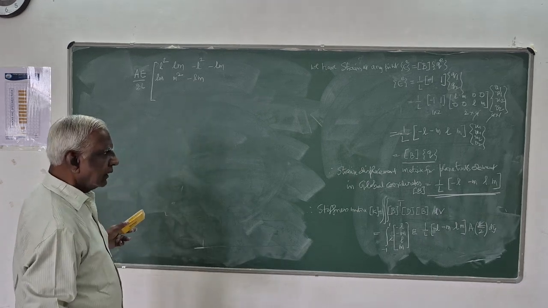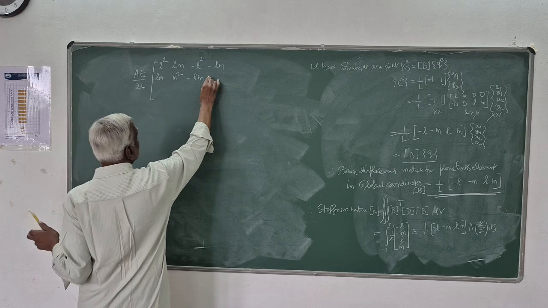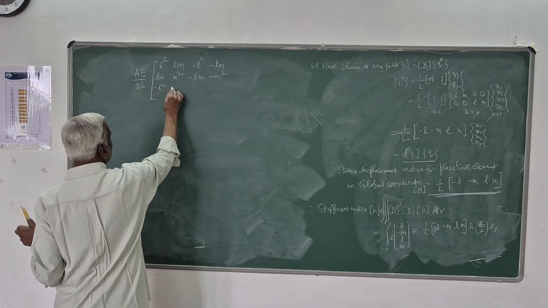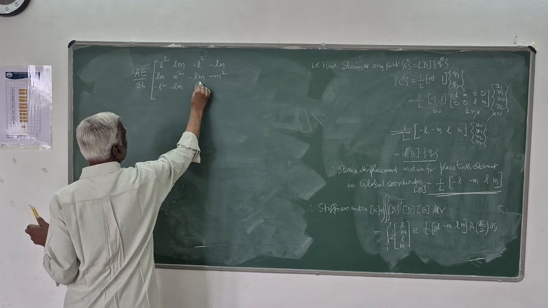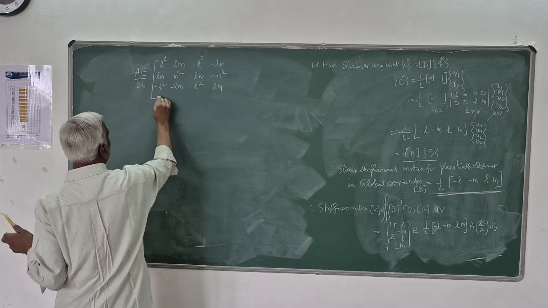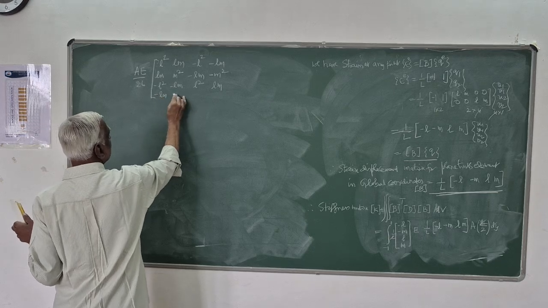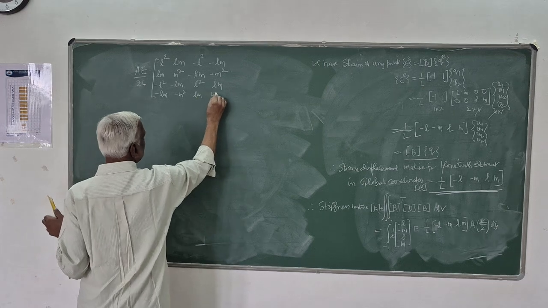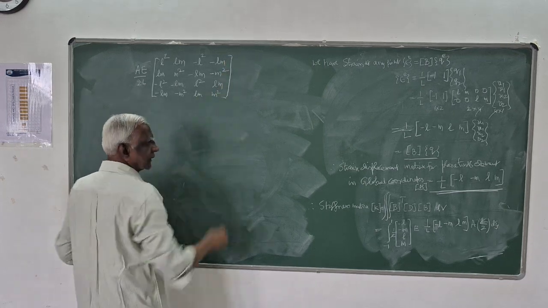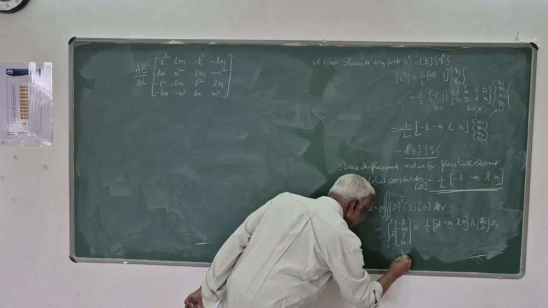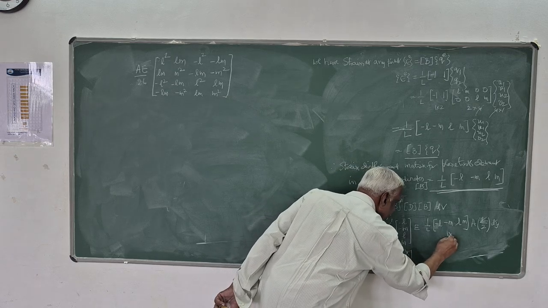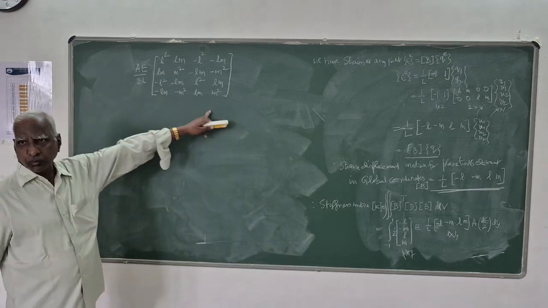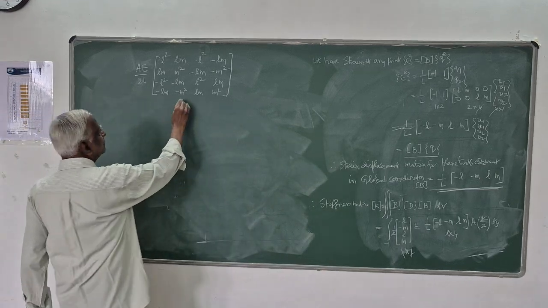Then you have minus M square, then minus L square, minus Lm, L square, Lm, minus Lm, minus M square, and Lm, M square. Because this is a 4 by 1 matrix and this is a 1 by 4 matrix, if you multiply, you will get a 4 by 4 matrix.